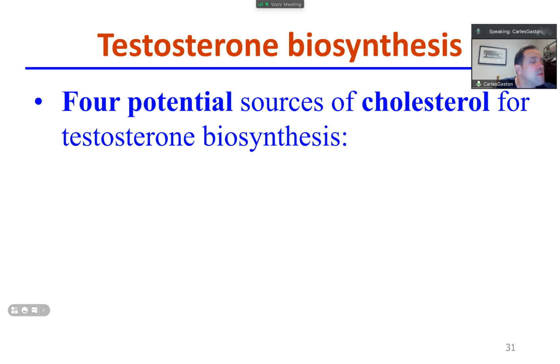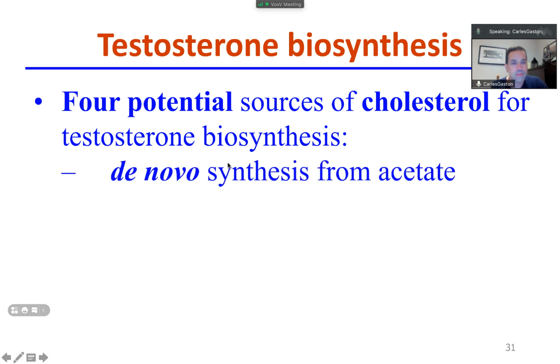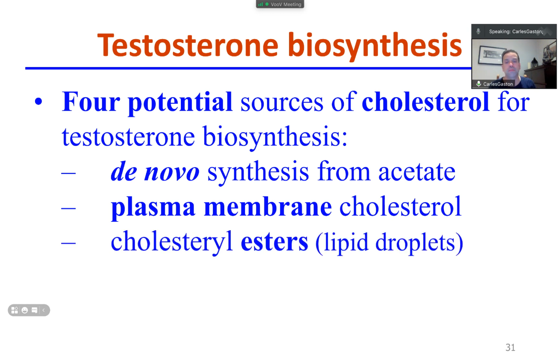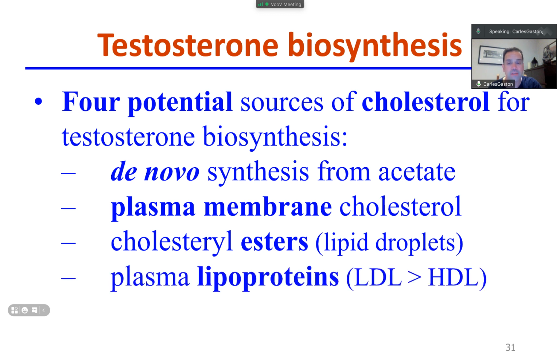Cholesterol is required for testosterone biosynthesis, and it can be synthesized de novo from acetate, from plasma membrane cholesterol, cholesterol esters or lipid droplets, or plasma lipoproteins LDL or HDL.